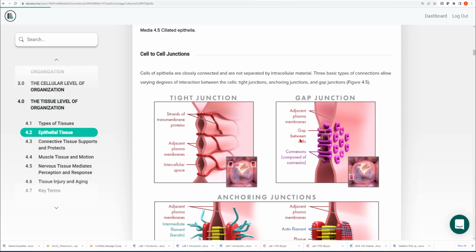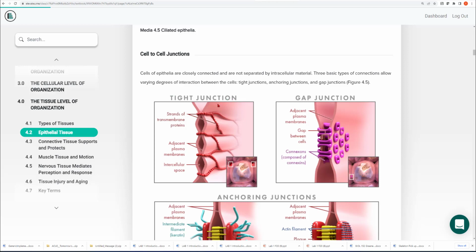This is how epithelial cells are able to share nutrients and other chemical signals. Molecules are able to travel from one cell directly into the next cell. The little proteins that make these gap junctions are called connexons, right? Because they connect the cells one to another.